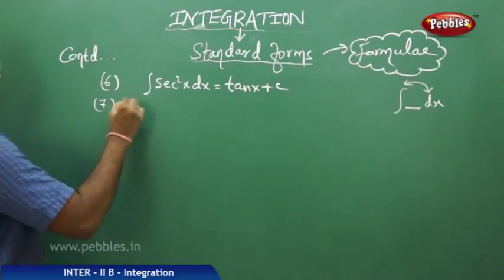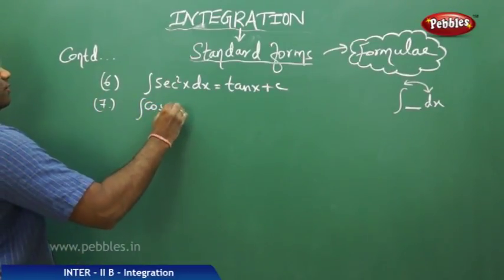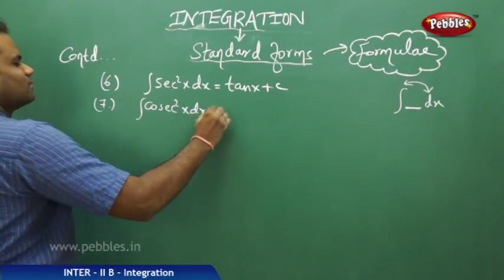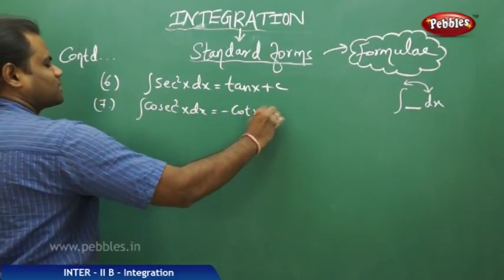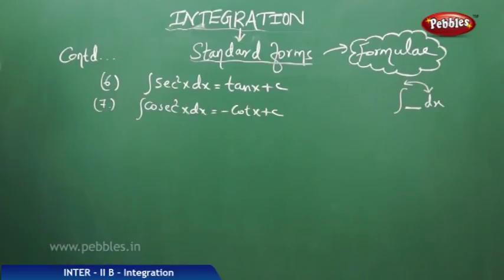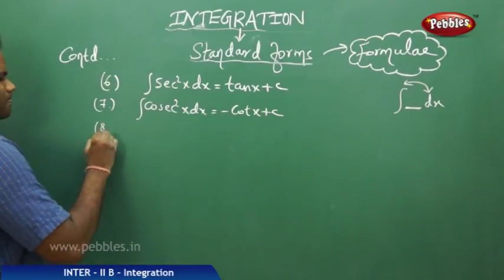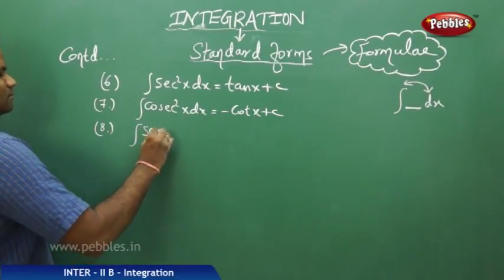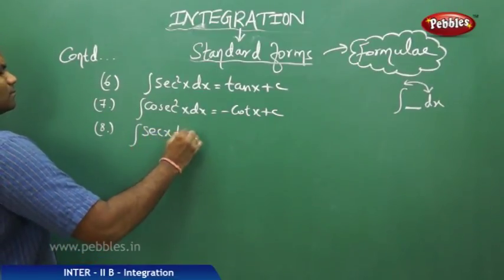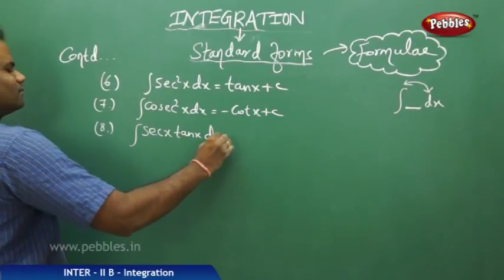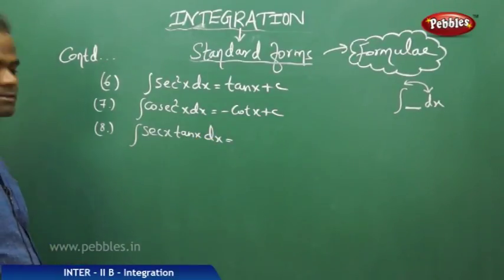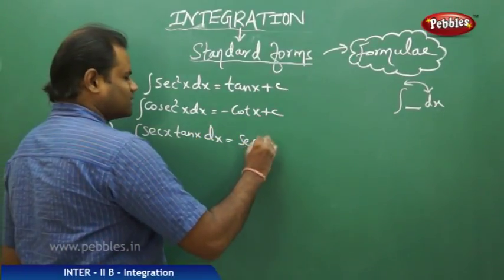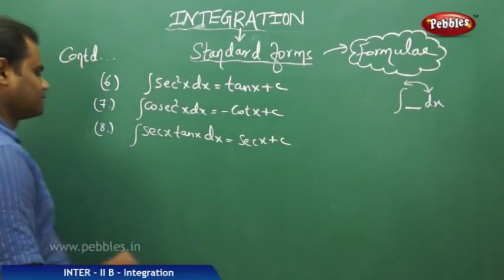And then integral of cosecant square x, which is minus cot x plus c. And then integral secant x tan x, which is secant x plus c.